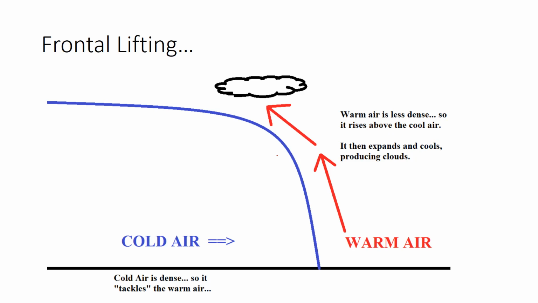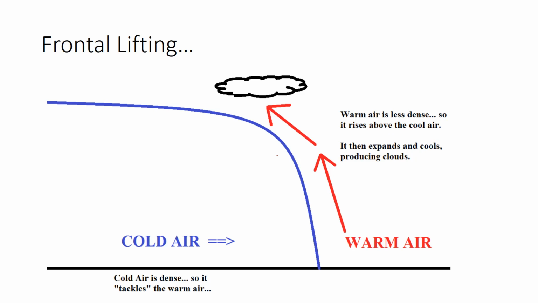A front is actually a boundary between 2 air masses. You have warm air that's being pushed away and cold air that's advancing, in the case of a cold front. Each of these air masses has different densities. Warm air is very light. Cold air is very dense.